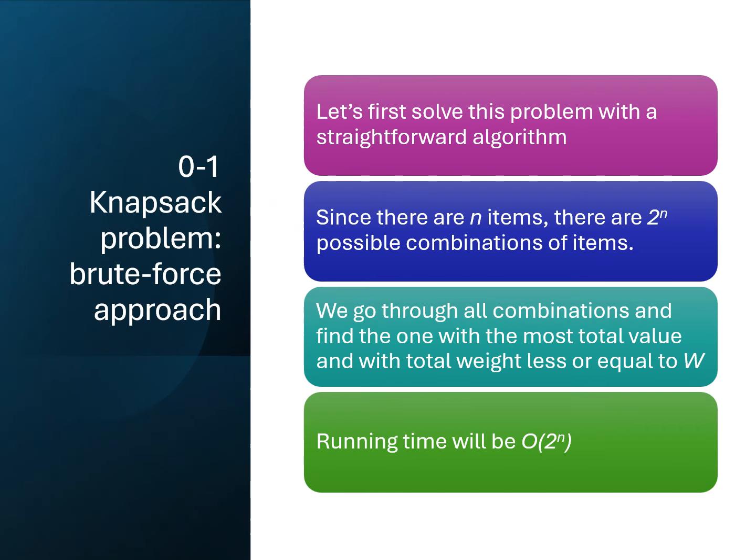Let's start the solution of this problem with the brute force approach. The number of all possible solutions would be 2 raised to the power n, with every combination filling the knapsack up to a maximum of W as much as possible. So it is possible that some empty space is left, which was not possible in the fractional one.